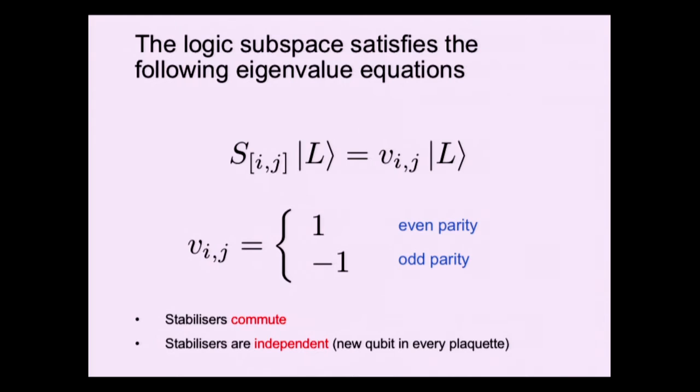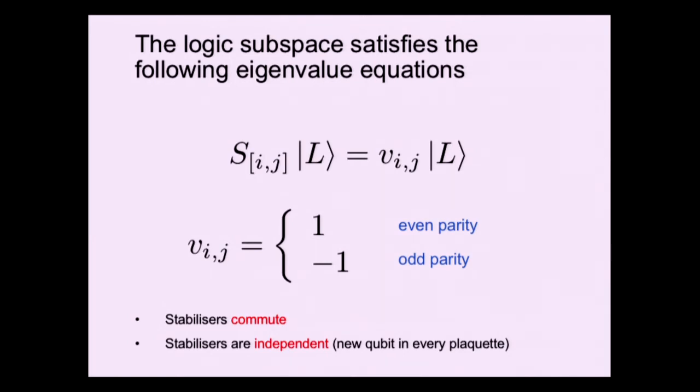Now, what we are enforcing is that the logical subspace, indicated with the ket L, must satisfy the following eigenvalue equations. Now, we can do two different things here. We can either say we have even parity, and so the Vij are all equal to 1, or we can say we have odd parity.